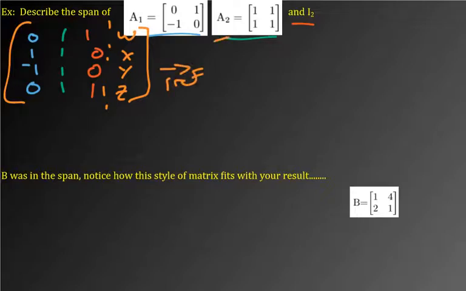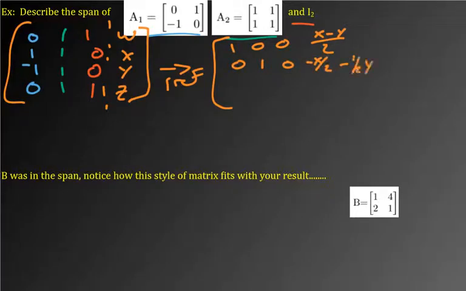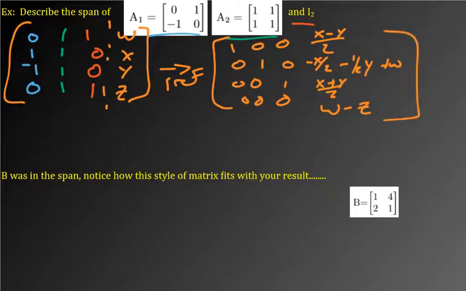And if I do RREF, I get 1, 0, 0, X minus Y over 2, 0, 1, 0, negative X over 2 minus 1 half Y plus W, and then 0, 0, 1, X plus Y over 2, and then 0, 0, 0, W minus Z, all right?